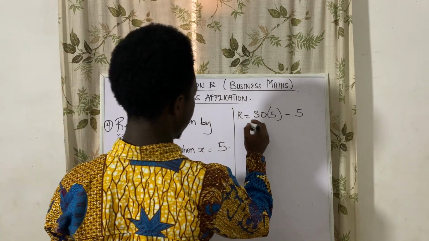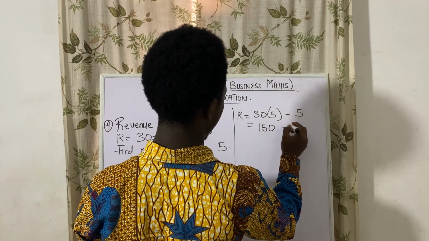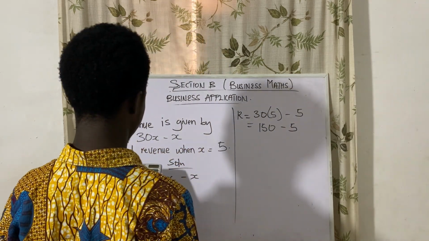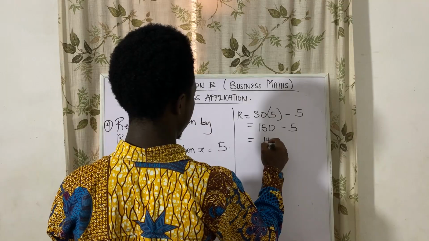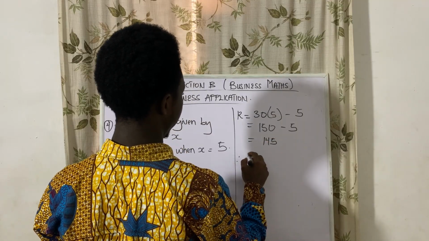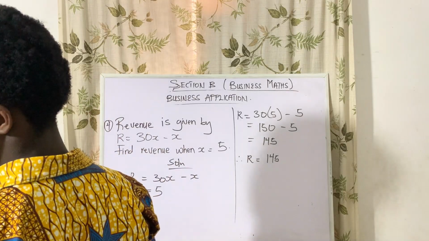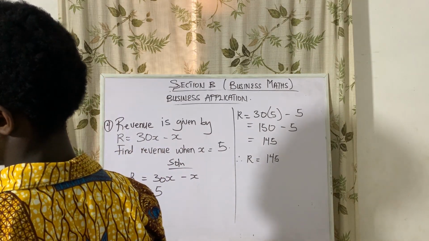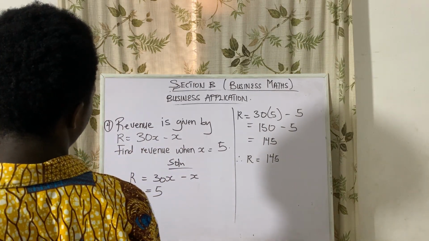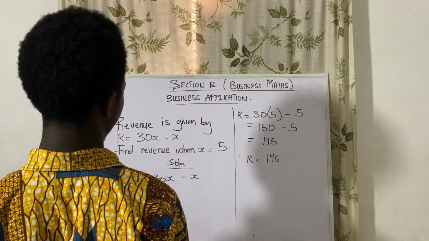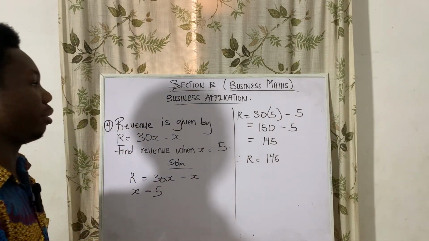You get 150. So 150 minus 5, you are going to get 145. So therefore, your revenue is equal to 145. That is going to be your revenue.